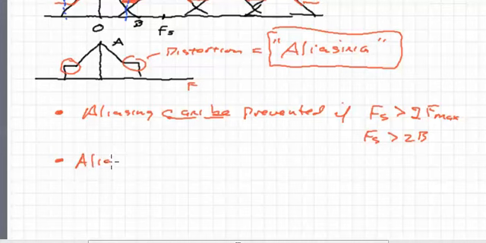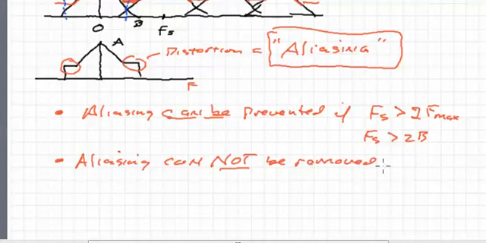Aliasing, second major point, is that aliasing can never be removed once it occurs. So you have to know this.